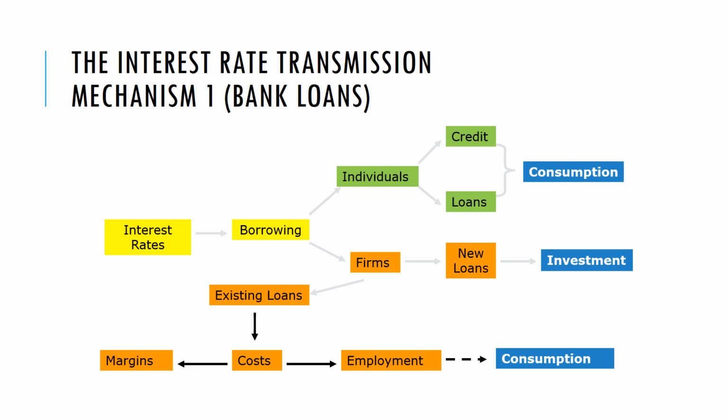So we can see here that a cut in interest rates should lead to an increase in consumption and an increase in investment, and these steps in between are how we would analyze this. This is how we would explain the relationship between interest rates and these changes in aggregate demand going down the route of the impact on bank loans.